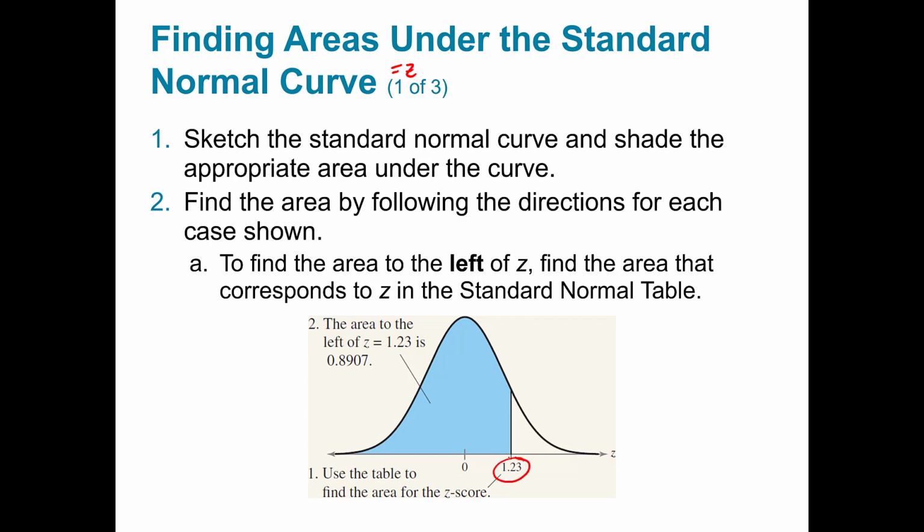Since it's positive, it's going to be a little bit to the right of 0, a little bit to the right of the inflection point. And we want area to the left, so we shade the left-hand side of that. It's shaded in blue on this picture. All we have to do for this one is look that value up directly on the table. So we look up 1.23, and we get 0.8907.